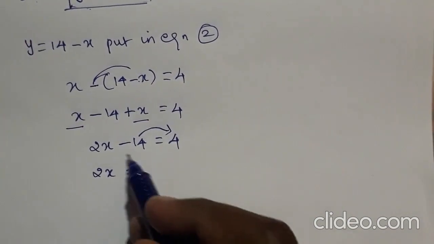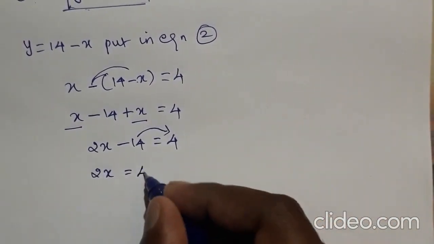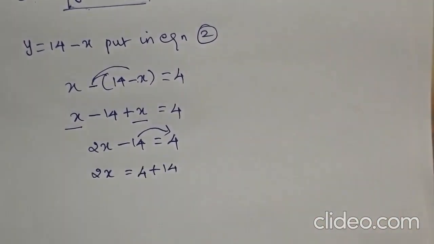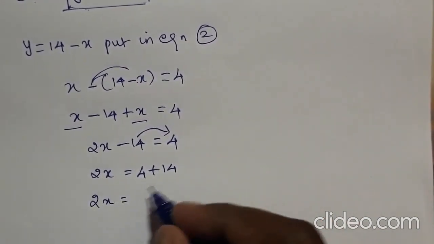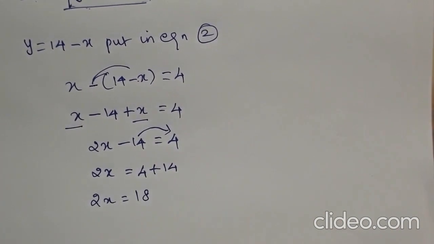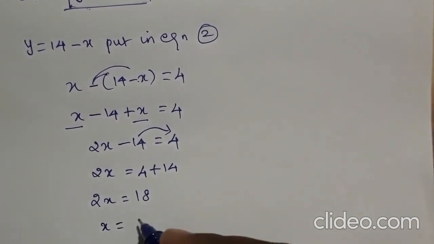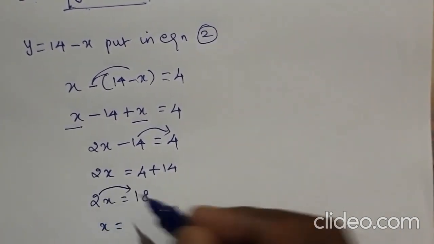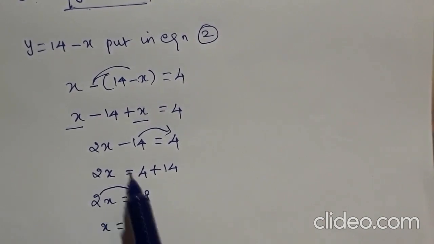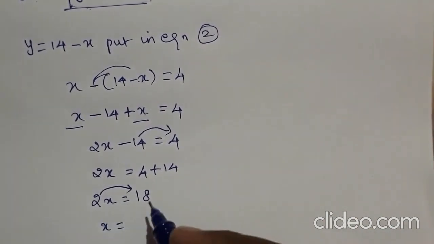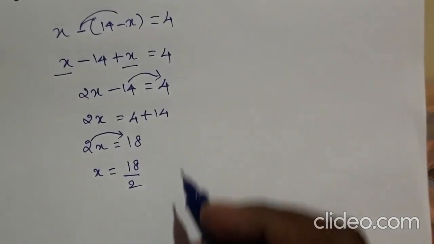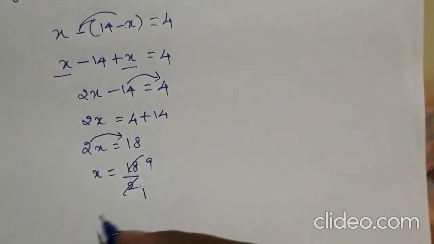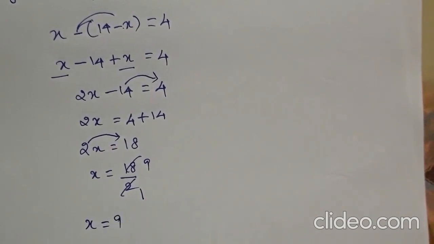Minus 14, when it comes to the right hand side, becomes plus 14. So 2x is equal to 4 plus 14, you will get 18. So x is equal to, this 2 I am taking to the right hand side. Multiplication, when it goes to the right hand side, becomes division. 18 divided by 2, 2 nines are 18. So the x value we got is 9.